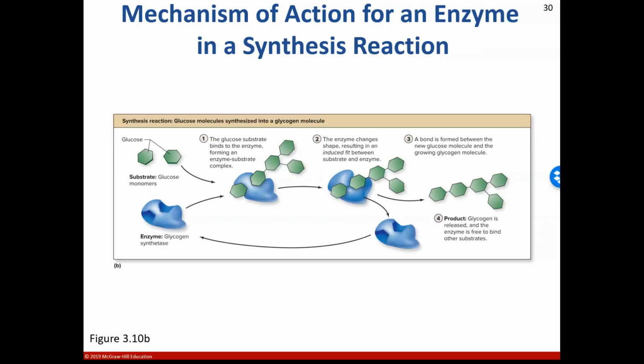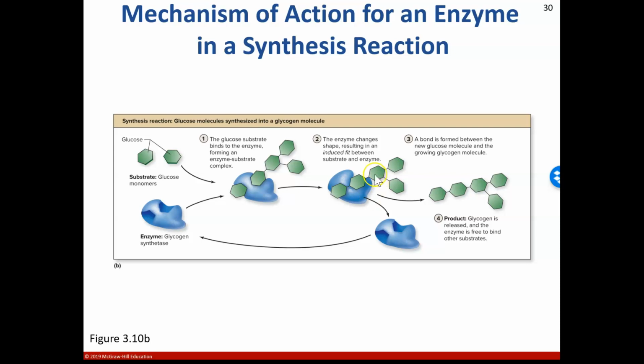And here is a figure that shows us a synthesis reaction. We are going to have our glucose molecules, which are monomers. We only have one of each. They are separate here. And they are going to fit into the active sites on this enzyme, forming our enzyme substrate complex once again. The enzyme is going to change its shape or its conformation, and this results in something called an induced fit between our substrate and our enzymes.